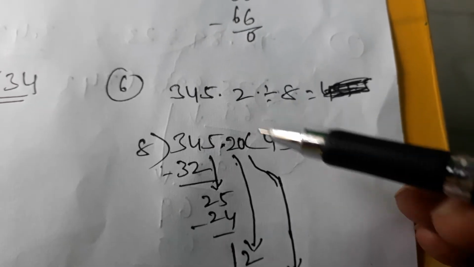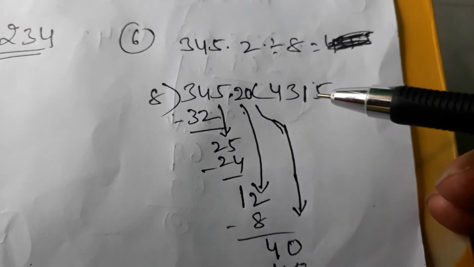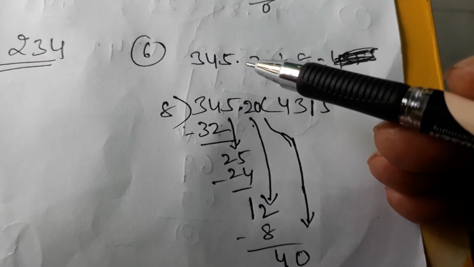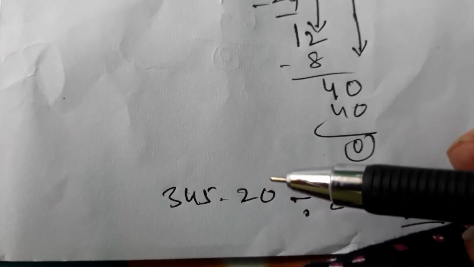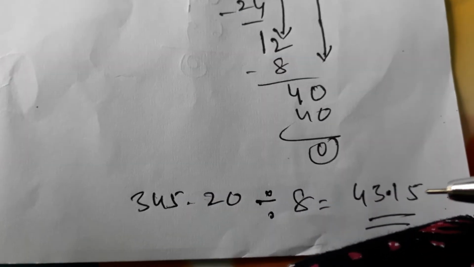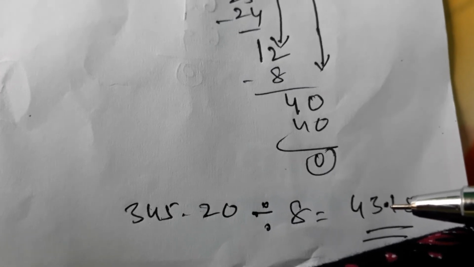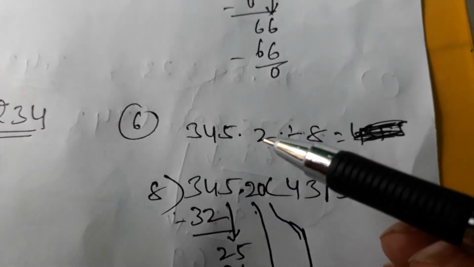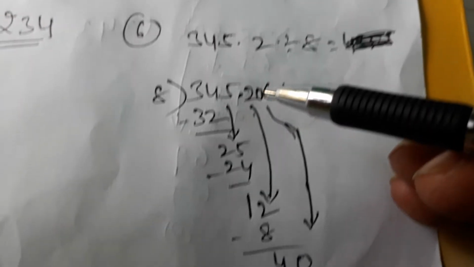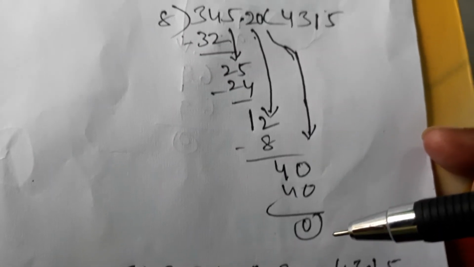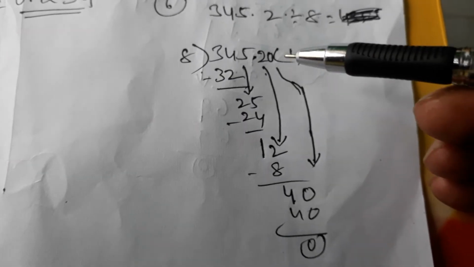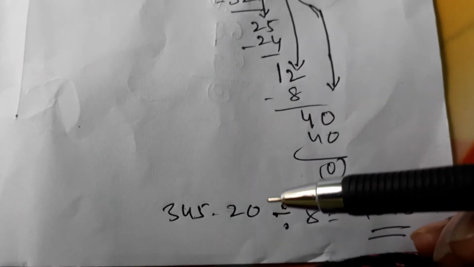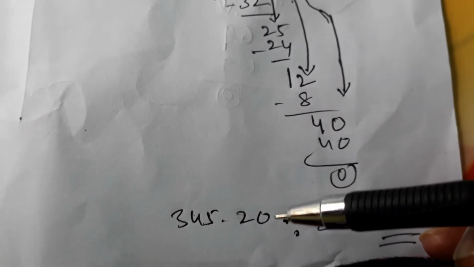Now count the decimals. Here only one digit is there in the dividend, but don't count only one digit. If you take a 0, you should count that 0 also in the decimals and place the decimal in the answer. Here only one decimal is there, but you are taking one extra 0 to make the remainder 0. Until you get remainder 0, you can go on taking zeros, and those zeros you also have to count in the decimals.